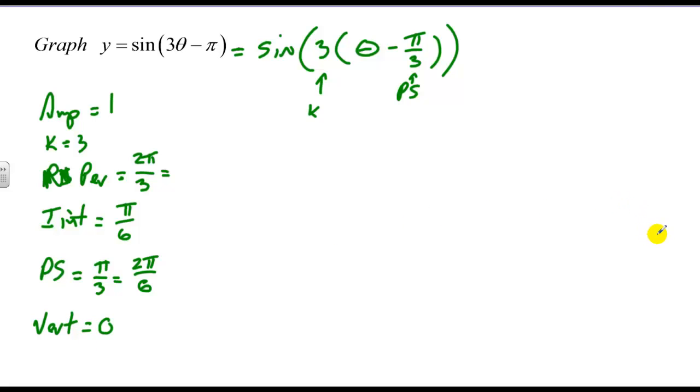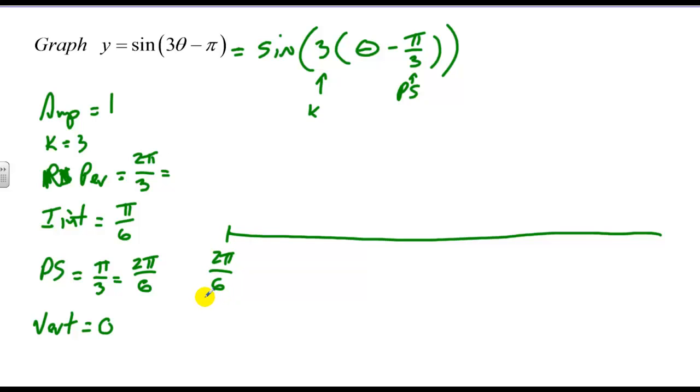So let's go ahead and graph this sine function. Since my phase shift is 2 pi over 6, that's where my sine graph will start this time. I have an interval of pi over 6, so I go 3 pi over 6, 4 pi over 6, 5 pi over 6, and 6 pi over 6.